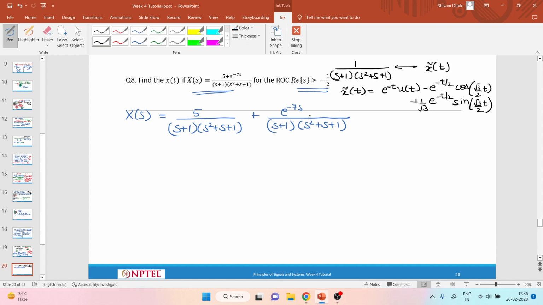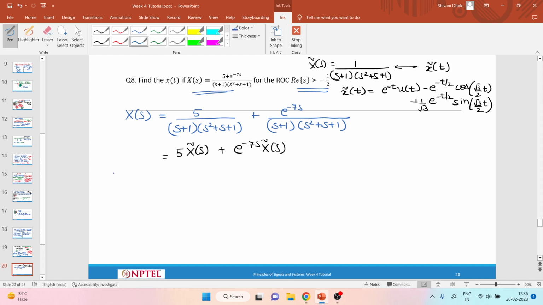This we have found out. And let's say this is my X tilde of s, with the region of convergence exactly this. So I can write this as 5 times X tilde of s plus e power minus 7s into X tilde of s.